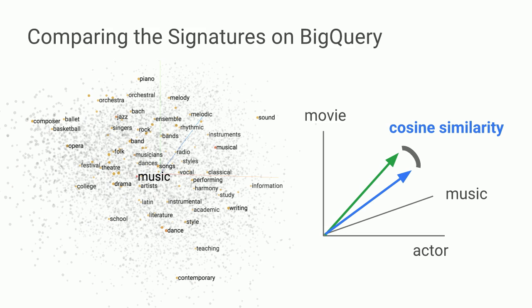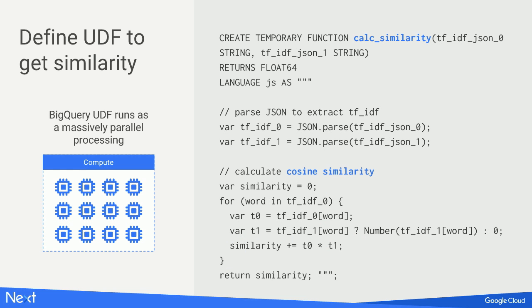If you find another vector which has a very narrow angle, that means you are finding similar documents or content. Then you can define a user-defined function to calculate the similarity between the two different documents. And it's just basic math. It's just multiplication and additions you learned in high school, so it's not so hard. It's not machine learning yet.